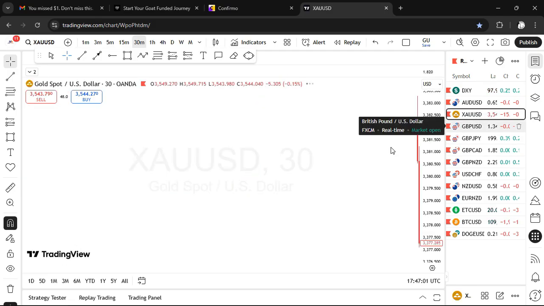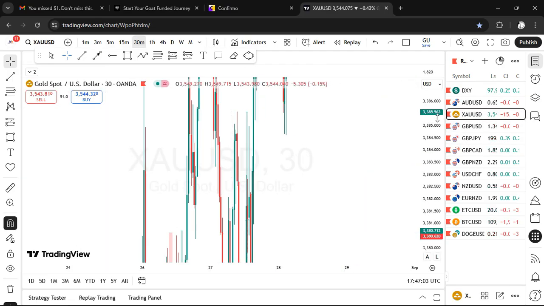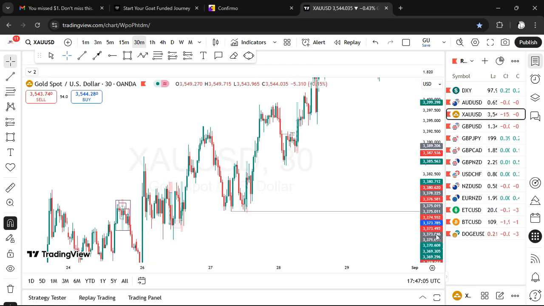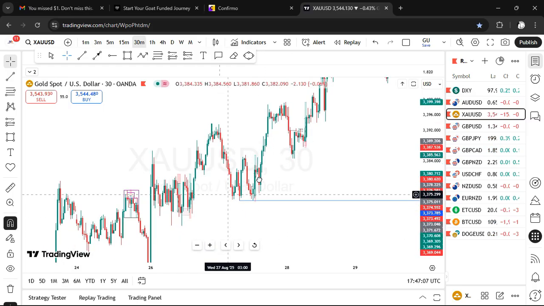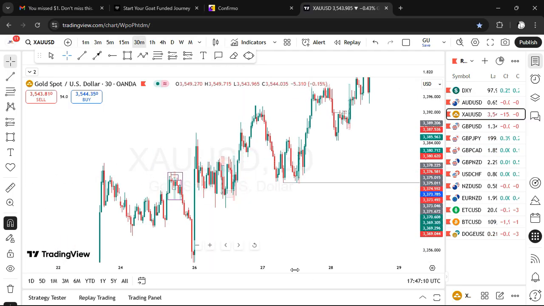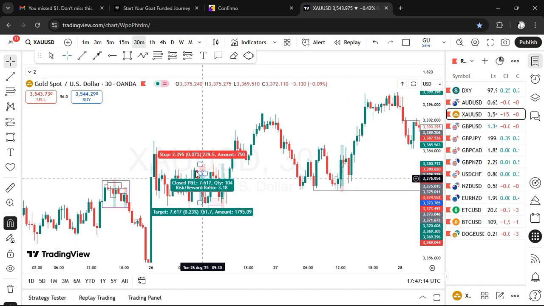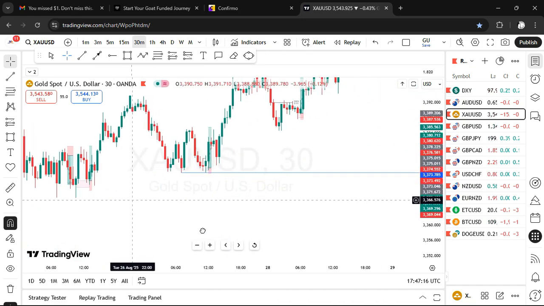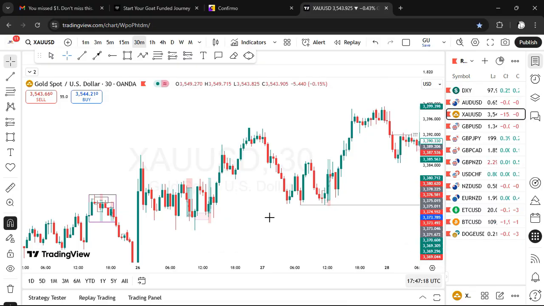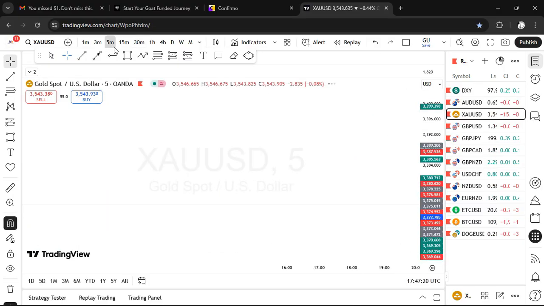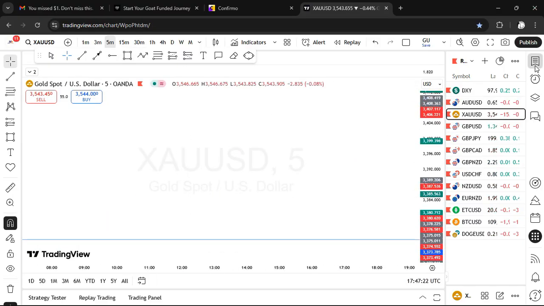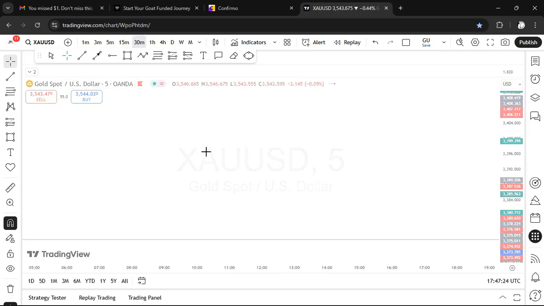Let's see gold. I don't think gold is consolidating, but let's check it out. This region here could be a good region for consolidation. Let's see if we can explore it on the 5 minutes time frame. Sorry, let me come back.